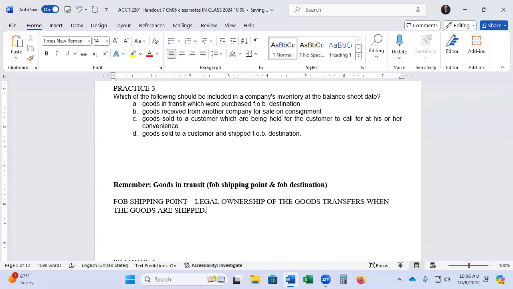Legal ownership of the goods transfers when the goods are shipped. Buyer usually pays the shipping costs.